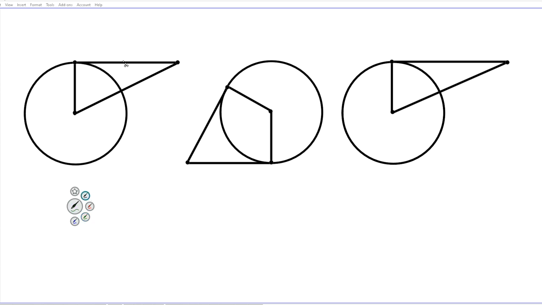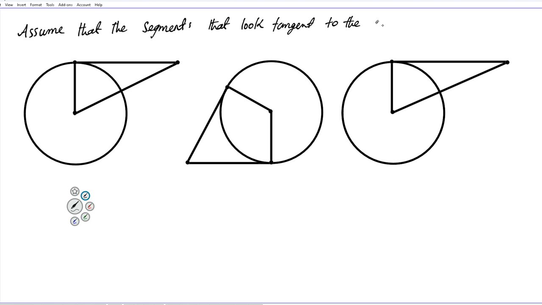The assumption is that the segments that look like tangents to the circle are actually tangent segments. Okay? All right, so let's take a look at the first one.